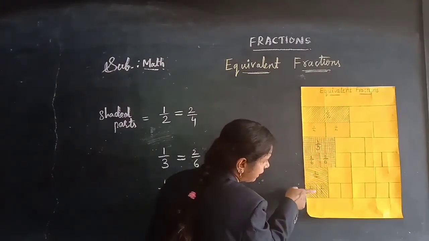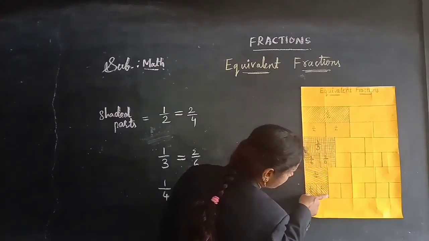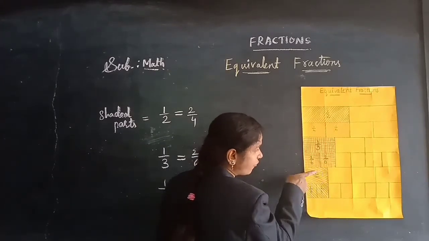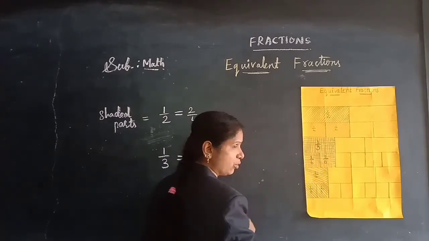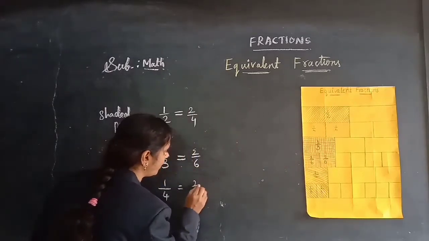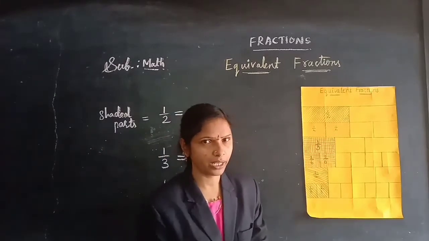When you are comparing the fifth and last one, equally I shaded. You can observe carefully: 1 by 4 is equal to 2 parts of 1 by 8, nothing but 2 by 8.